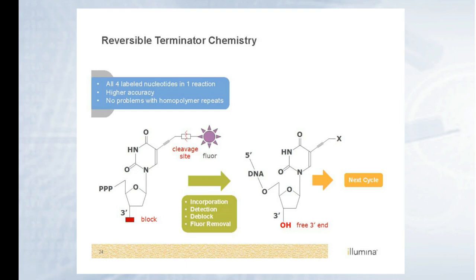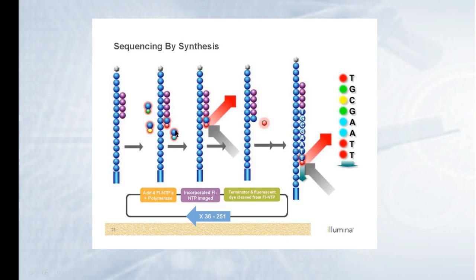So if we go back here, what's going to happen is we're going to incorporate whatever the complementary nucleotide is in this first round of sequencing. That one will be specific to every molecule in that cluster, so each cluster, after that first reaction, will have a particular color.